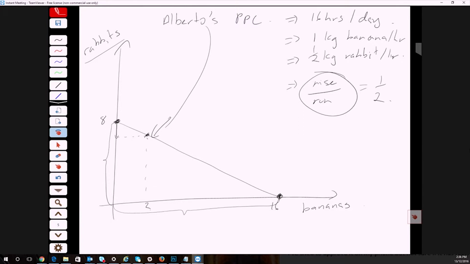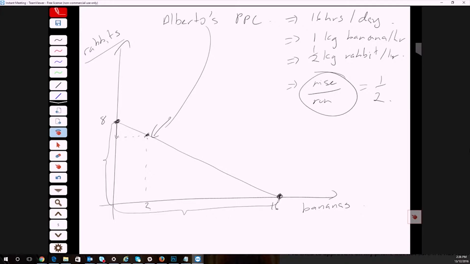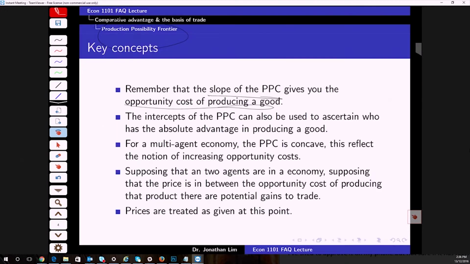So in other words, by definition, the slope is reflecting your opportunity cost. In this case, it is reducing the production of rabbits by 1 unit. What do I actually have to pay in terms of bananas? So that's how it all comes together.